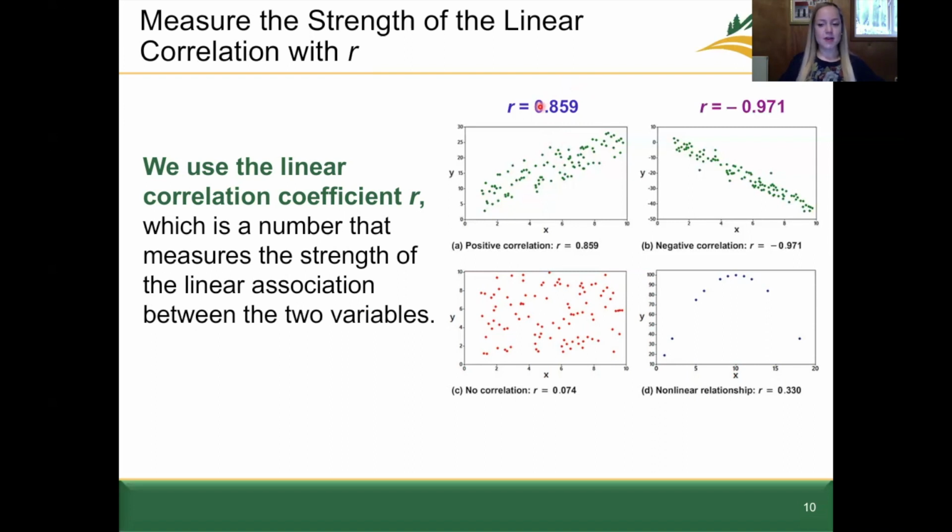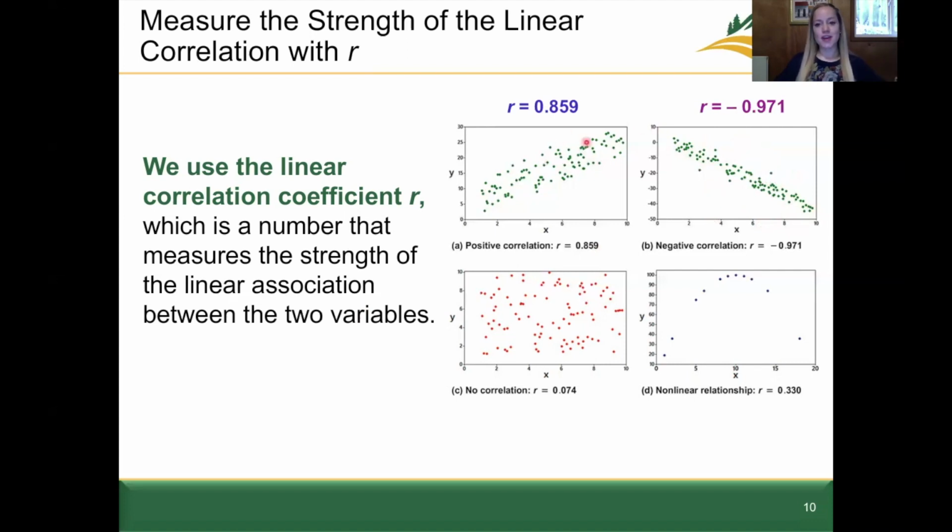Looking at B, though, in comparison, if we take away the negative sign and we're just focusing on the magnitude, then we compare 0.971, which is even closer to 1 than is 0.859. How does this match up to what we see visually? Well, here these points are pretty close together and they look like a straight line.